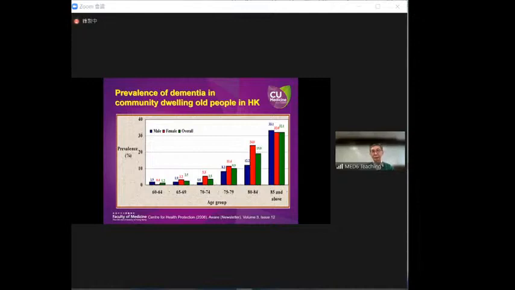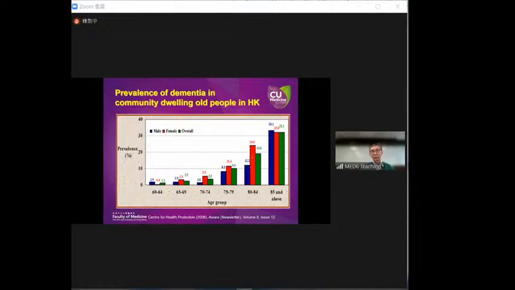But intelligence does protect us in terms of the timing of onset. If one has a better brain to start off with, then more brain reserve, so to speak, one can expect to develop dementia later in life.